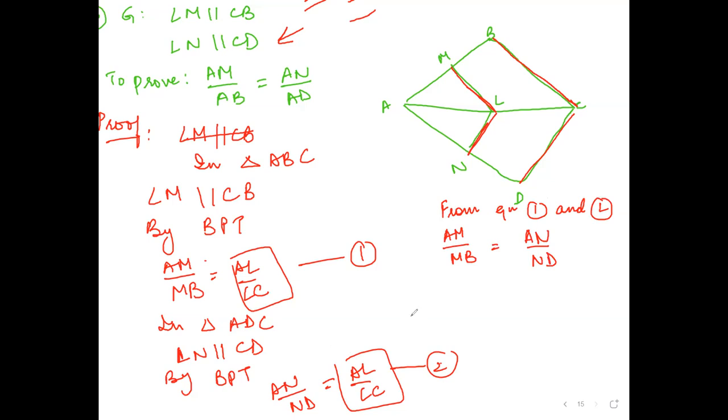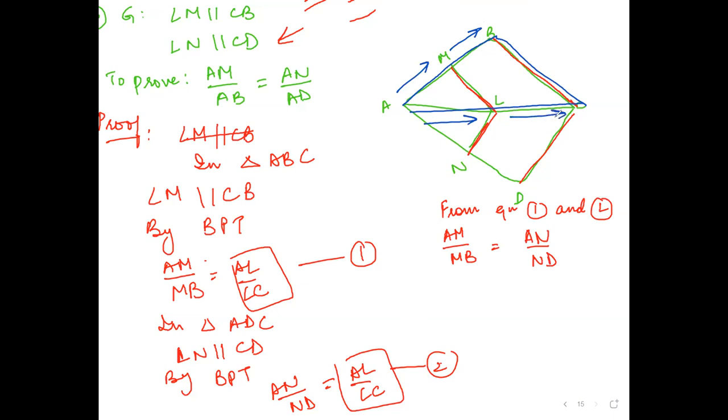Ma'am, but how is MB coming, AM by MB? When I'm using this triangle, Sarah, ratio means this side upon this side is equal to this side upon this side. That's the basic proportionality theorem.